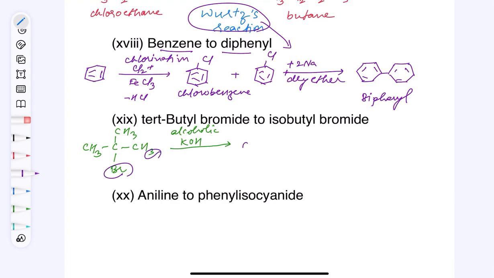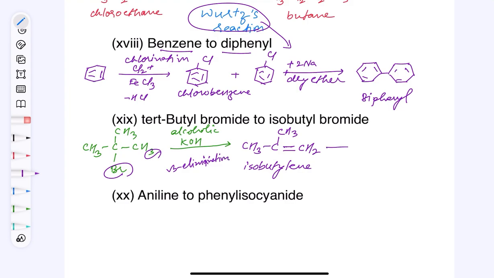So the product which you will be getting would be CH3, and here you are developing a double bond now. So you will get back CH2. The name of this particular product is isobutylene. Here you have done beta elimination, or dehydrohalogenation.